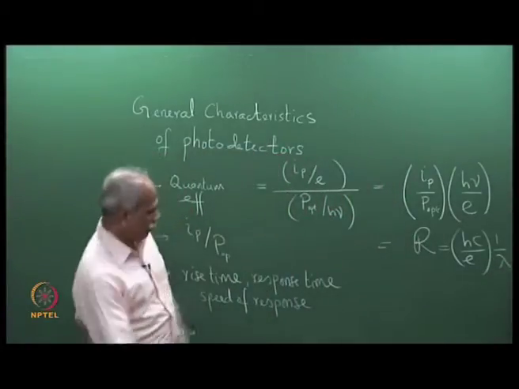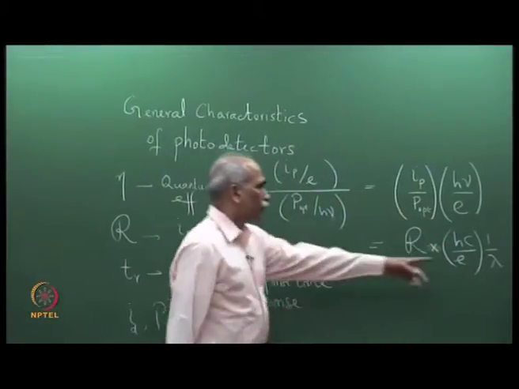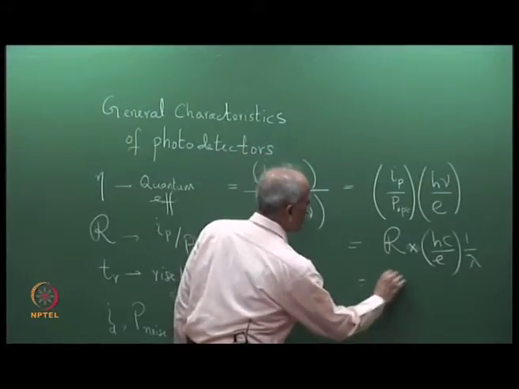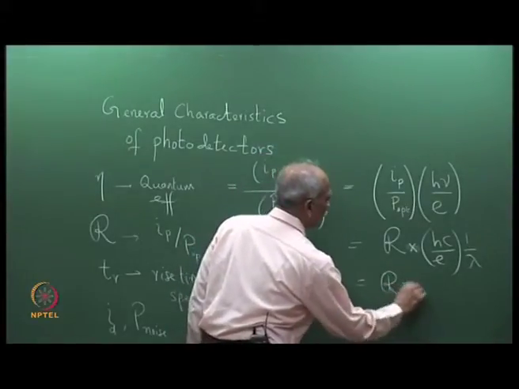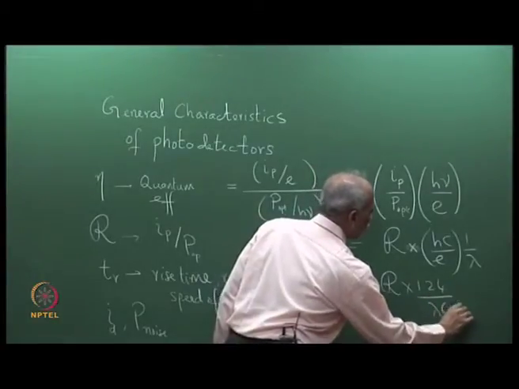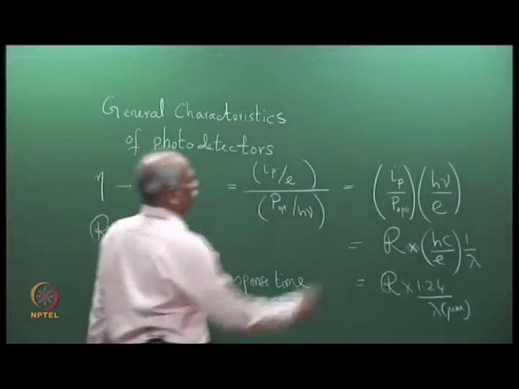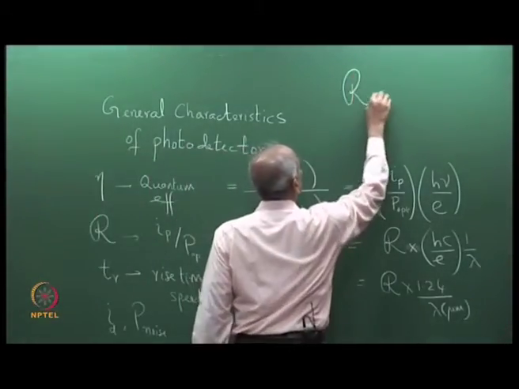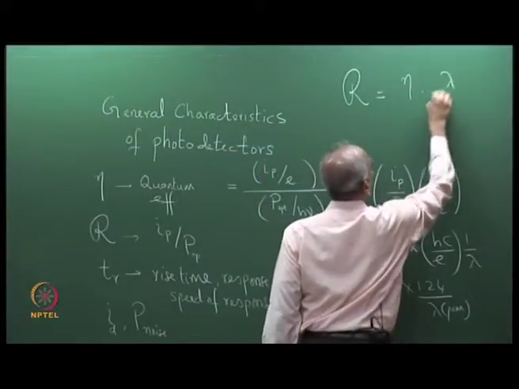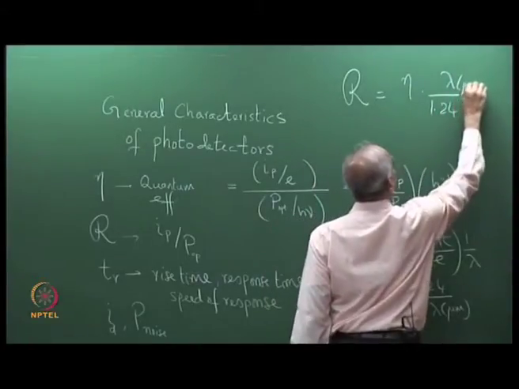and if we substitute lambda in microns, then this turns out to be 1.24. So, this is R, the responsivity, into 1.24 divided by lambda in micrometers, just recalling, and therefore we can write the responsivity equal to eta into lambda divided by 1.24, where lambda is in micrometers.